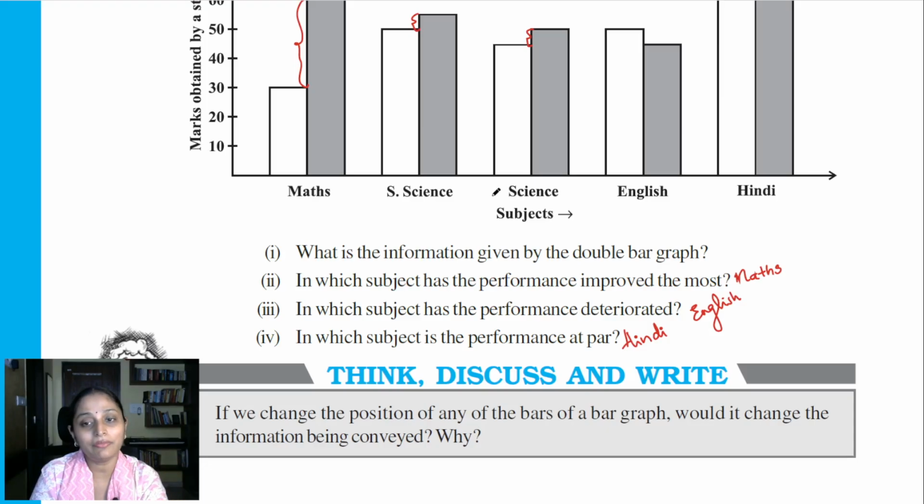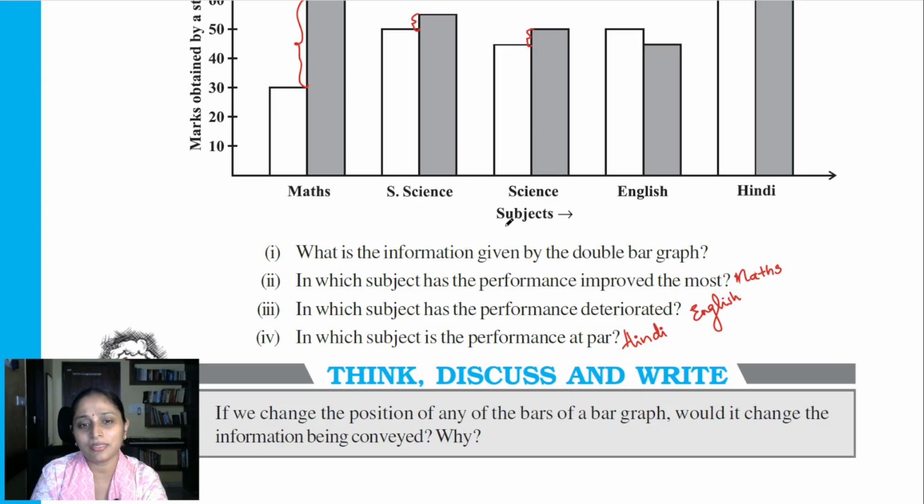But whenever you have anything related to time on your x-axis, like year, or if a car is traveling and you have time in seconds or minutes on your x-axis, then you cannot change the values of the x-axis, because it has to be chronologically placed. So in those cases, the information given cannot be shuffled back and forth.